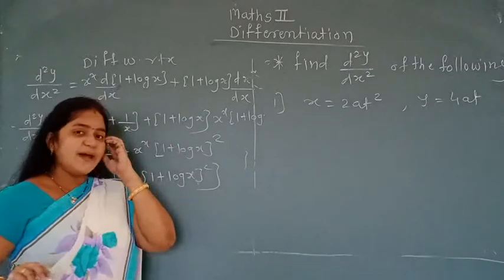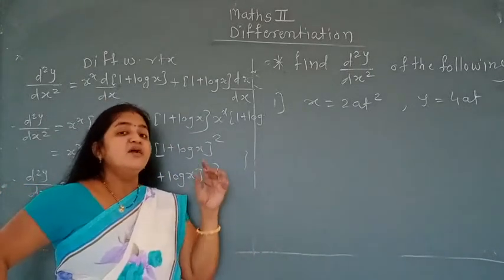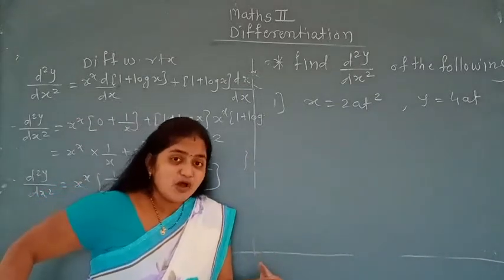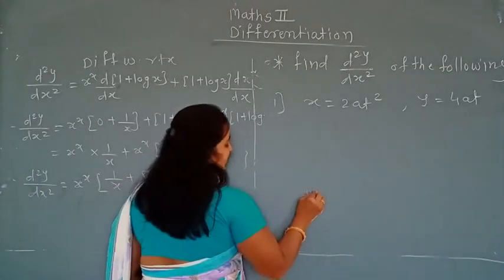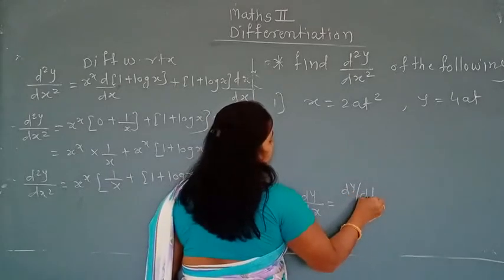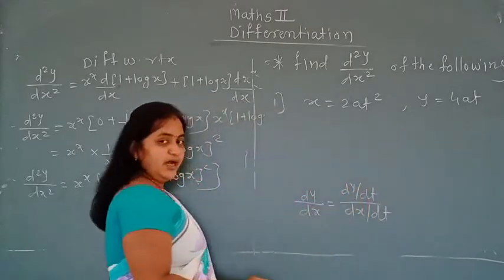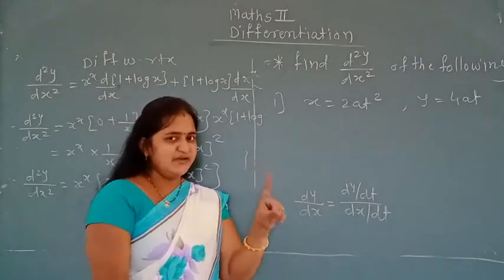So we can use here the parametric function, so we can find dy by dx. How to find? We can find the derivative of y with respect to t, and the derivative of x with respect to t. Means in short dy by dx is equal to dy by dt divided by dx by dt, because x and y are two variables depending on the t variable.